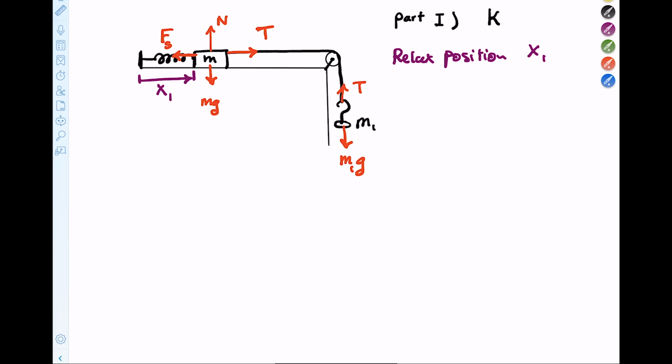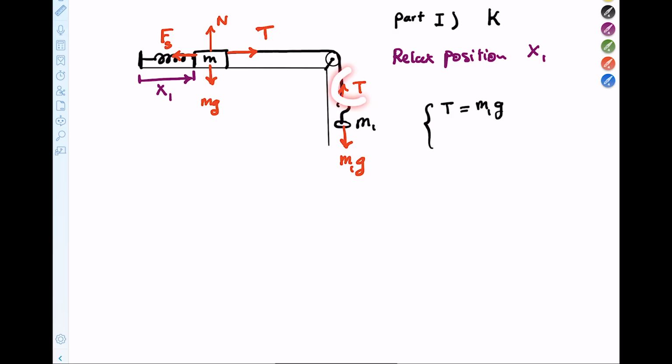When equilibrium happens, meaning the system is not moving, it's done stretching and things like that. For the hanging mass, I have T, the tension in the string, equals the force of gravity M1G.